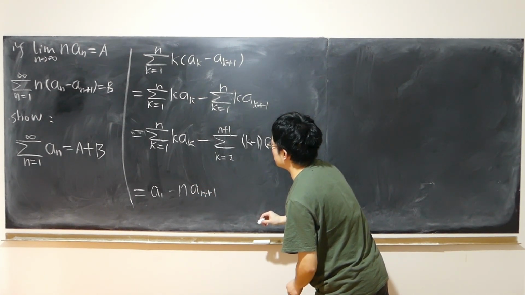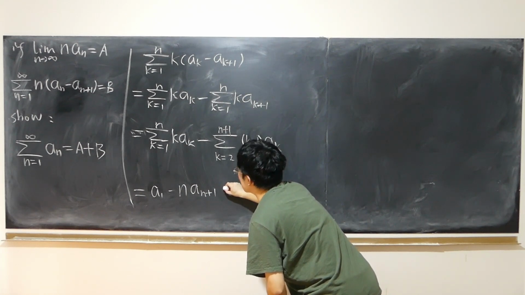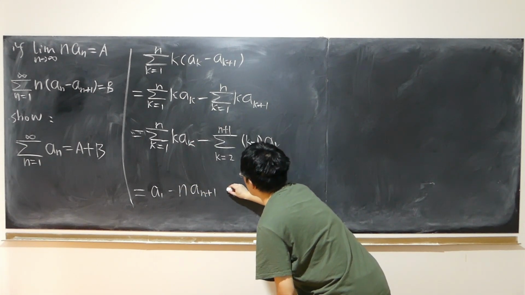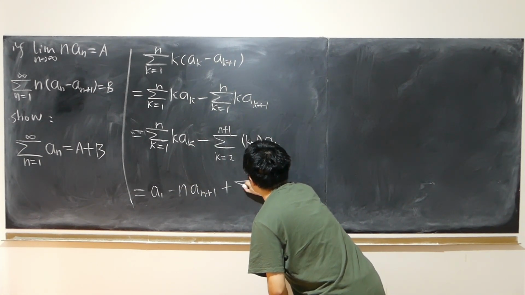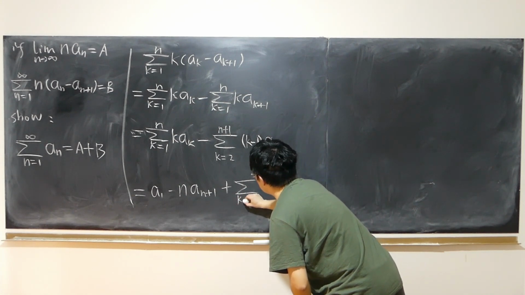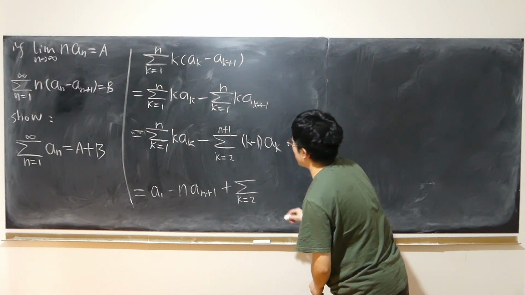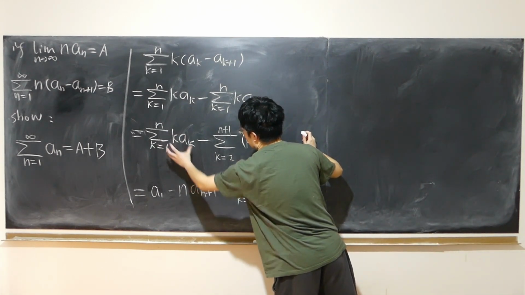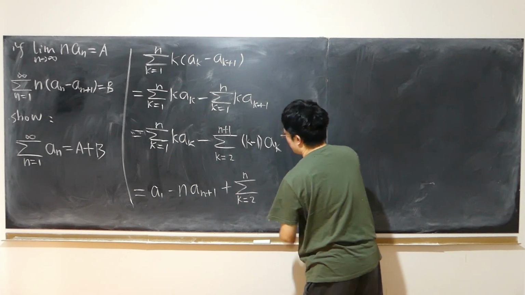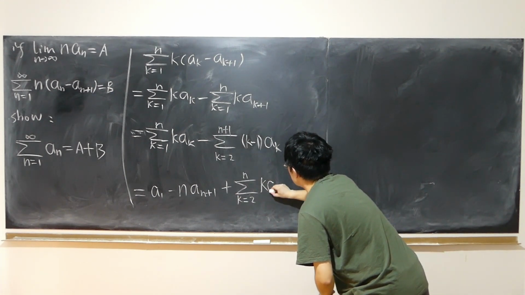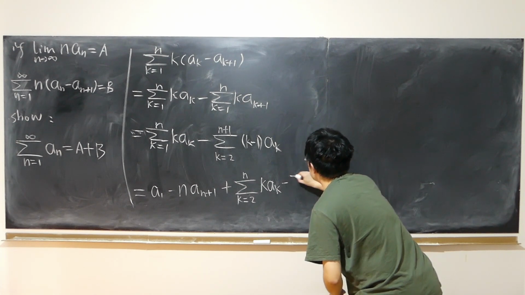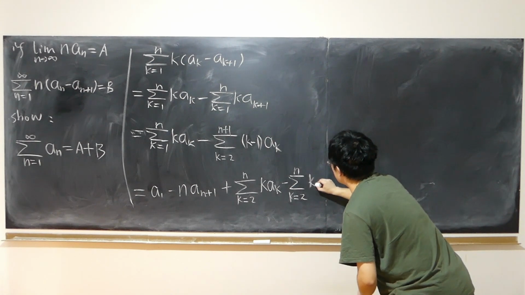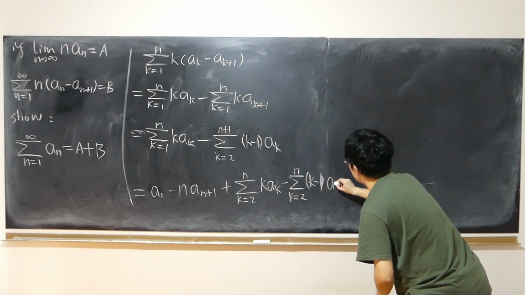Now I should have sums with the same starting point and ending point. The starting point should be k goes from 2 up to n, because the first term is separate. Last term is also separate. And so sum of k times a_k minus sum from 2 to n of (k minus 1) times a_k.